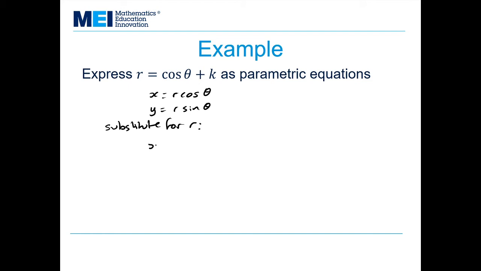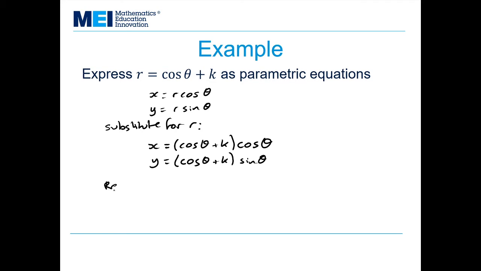So that means that x becomes, well, r is cos theta plus k, and then r cos theta, so cos theta like that. Y is r sin theta, so it's cos theta plus k sin theta.